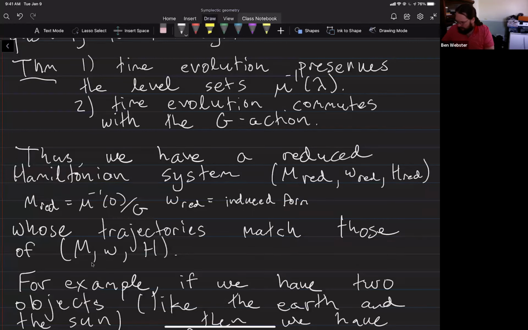And then H red is just going to be, well, I take H, I restrict it to mu inverse of 0, and then because it's G invariant, it induces a function downstairs. And I can look at trajectories in this reduced Hamiltonian system. So using my new symplectic form and my new Hamiltonian, I can compute trajectories, and it will match those from the original dynamical system. My trajectories are going to stay inside the zero moment map level. And if I use the Hamiltonian vector field upstairs to evolve and then apply the quotient map down, that's with respect to the reduced system.